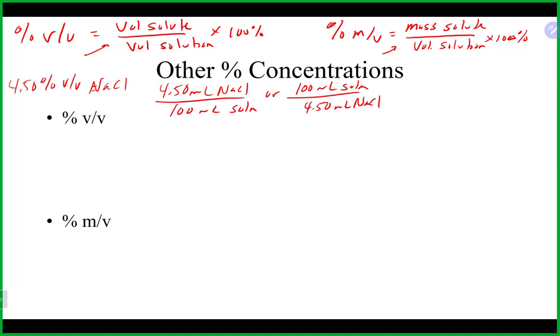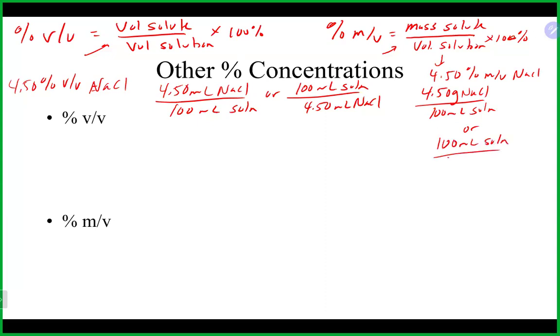So once again, if you want to take a conversion factor approach and you're given the percentage, you could do so. And same thing if we had a 4.5% mass to volume sodium chloride solution, you would have 4.5 grams of sodium chloride in 100 milliliters of solution. Or you could flip it around: 100 milliliters of solution would contain 4.50 grams of sodium chloride.